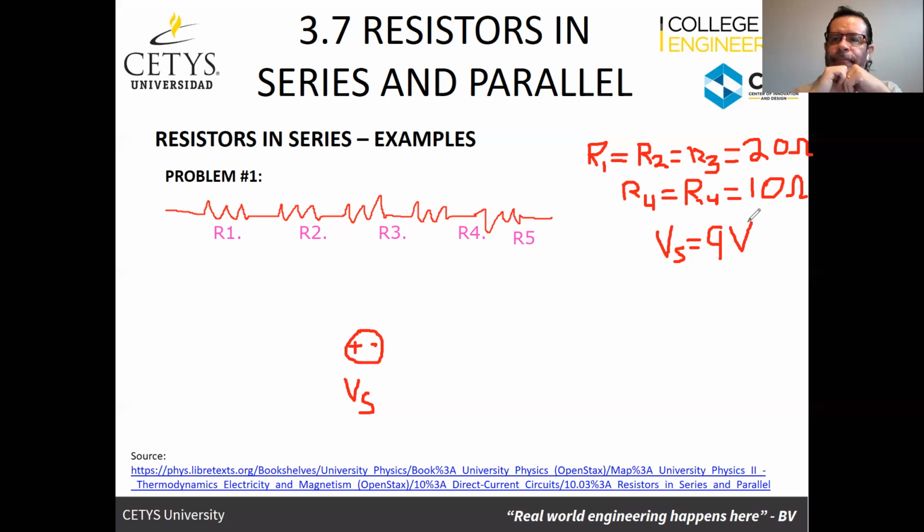Now, there can be an open circuit and a closed circuit. But a circuit is a path where, for electrical purposes, electricity or electric current can flow.